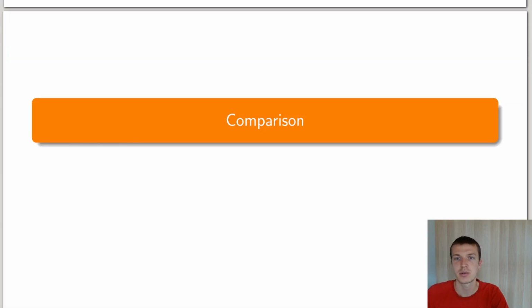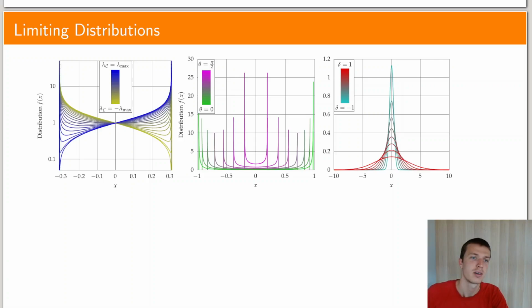Okay, now we get to the final comparison between the classical random walk and the quantum random walk. On the left, the two distributions are for the quantum random walks, and on the right we have the classical.